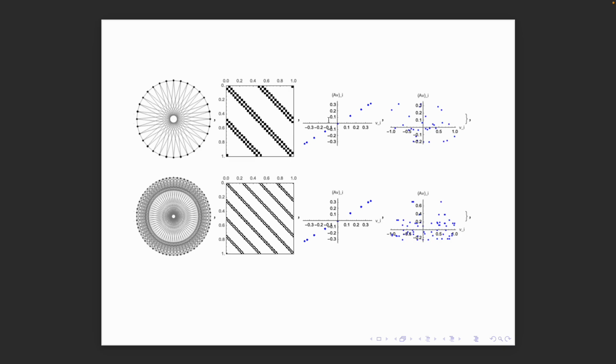And one fact about these distributions is that a vector v is an eigenvector of the adjacency matrix of a graph if and only if the joint distribution of v and Av is supported on the line y equals lambda x, where lambda is the eigenvalue in question.